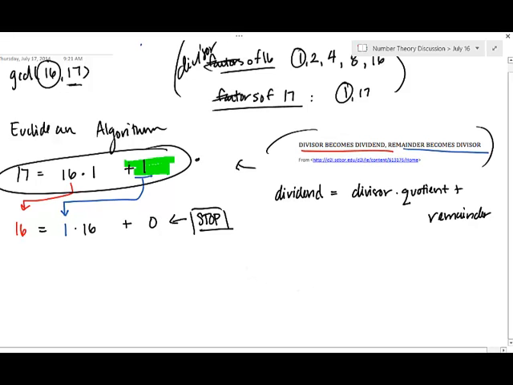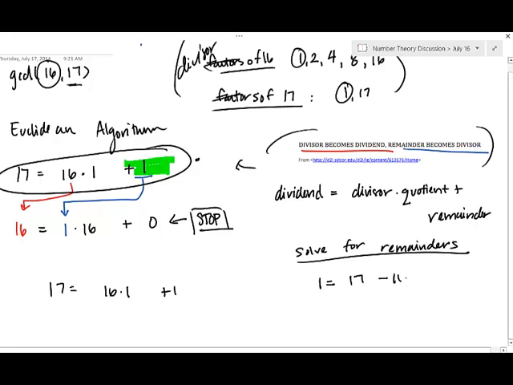So if I look at this equation, 17 equals 16 times 1 plus 1, and I solve for the remainder, which is what I'm going to do with all of these equations after completing the Euclidean algorithm, but in this case there's only one, so it's not that exciting: 1 equals 17 minus 16. Notice that's the same exact linear combination that we were talking about before. So no surprise there, but hopefully that gets you a little bit of direction with how you want to go about this process.